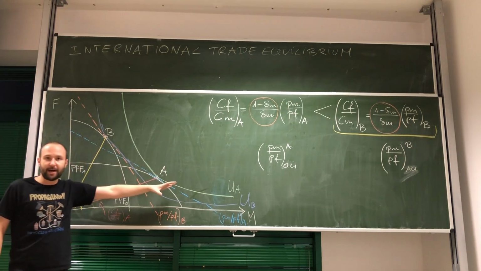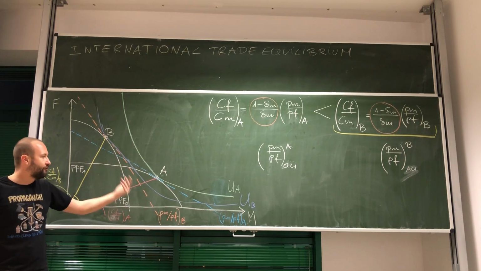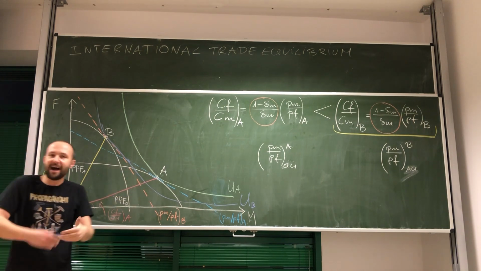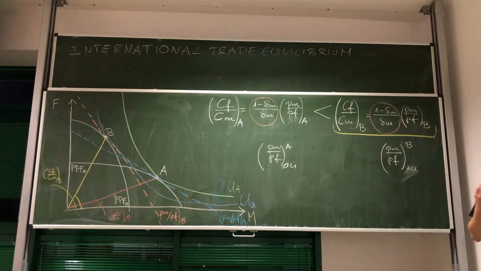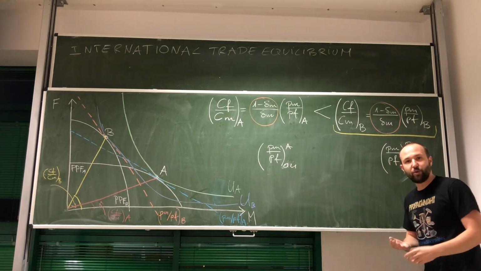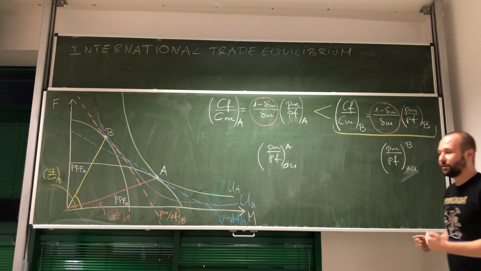Well, then the supply of food in Austria is getting bigger, so the price of food in Austria is getting smaller. How long is this going to last? Well, look, in a model where we do not have any transportation costs or tariffs, it will happen until the prices in the two countries are equal.